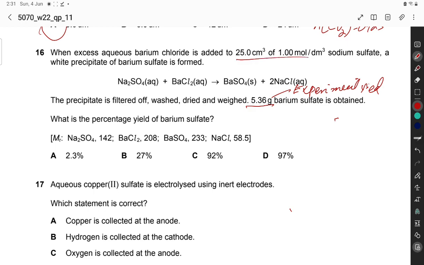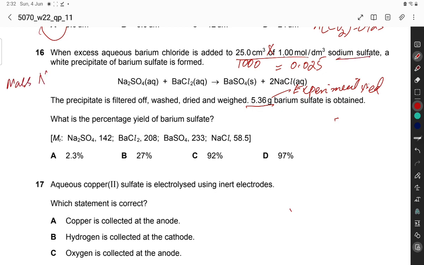Let's find out the mole. 25 divided by 1000 into 1 mole. 25 divided by 1000 into 1 is equal to 0.025 mole of sodium sulfate, and a white precipitate of barium sulfate is formed. So this is sodium sulfate, Na2SO4.